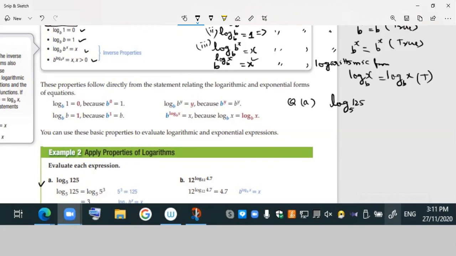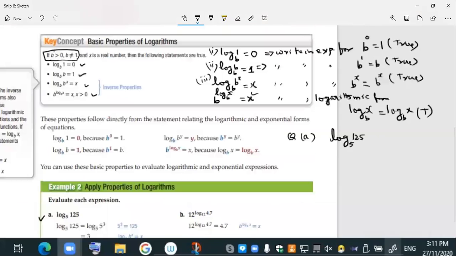So we can use the following properties to solve it. How can you write this? We can write log base 5, 125 as 5 into 5 into 5. Now you can see which property is followed here: log b to the power x to the base b is equal to x.